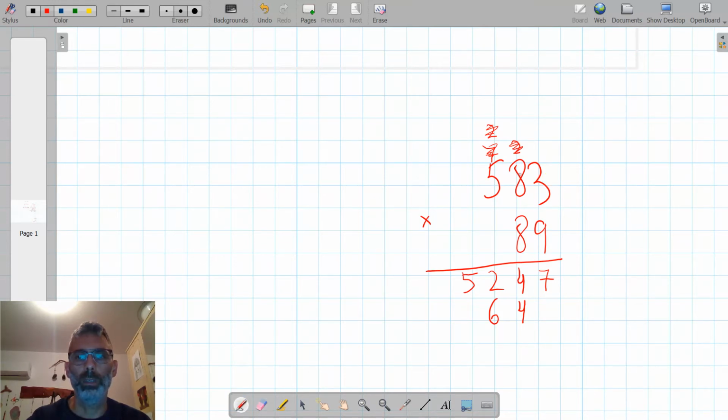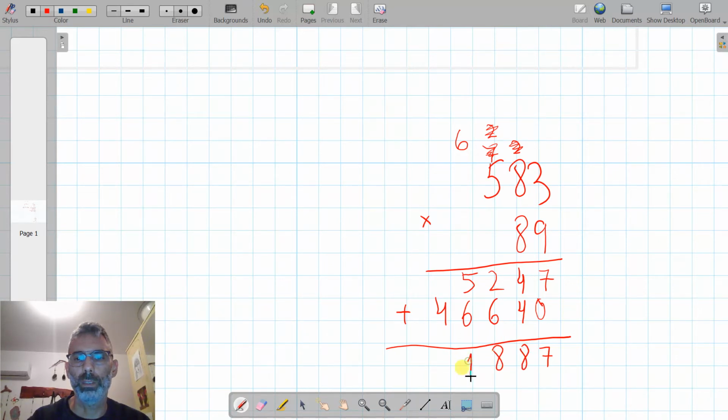8 times 8 is 64 plus 2 is 66, so the 6 here. 8 times 5 is 40 plus 6 is 46. Let's see. Now we do addition. 7, 4 plus 4 is 8, 2 plus 6 is 8, 5 plus 6 is 11. Okay, and then I shift the decimal point.